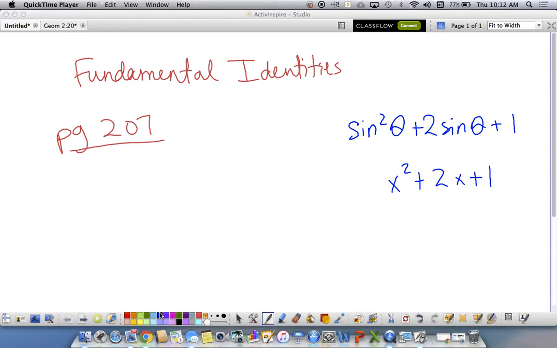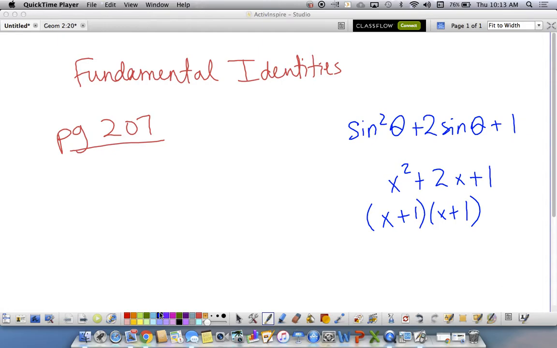Can you factor that? And your x is simply sine theta. Okay? Of course you can factor it. This would be x plus 1 and x plus 1, correct? It's been a while. We're going to have to start factoring a little bit. Sometimes we'll just factor something out.